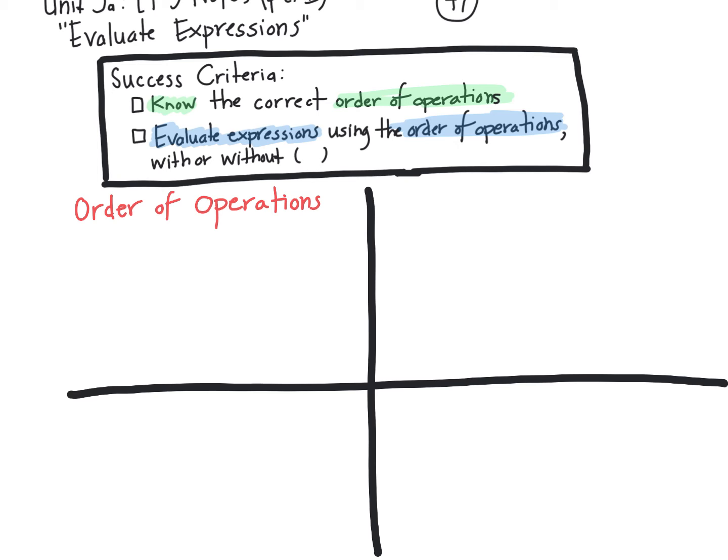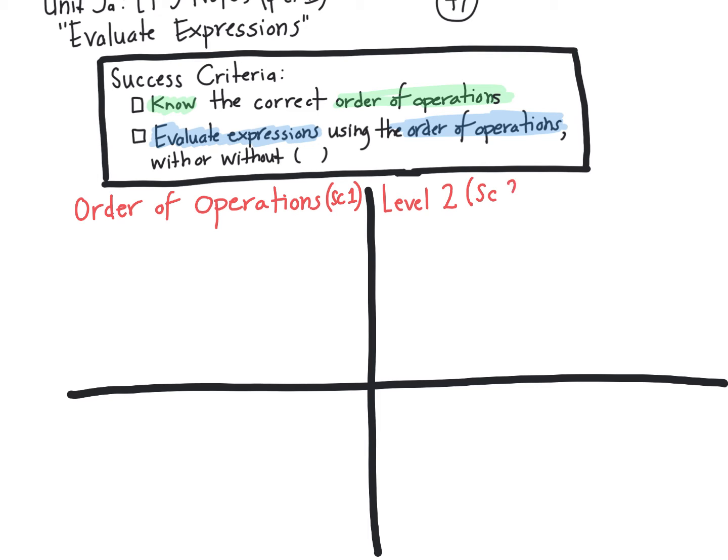All right, so I'm going to put success criteria 1. All right, that's our first one. Know the correct order of operations. So you're going to learn it right now. Okay, so success criteria number 1. And then you're going to put level 2, because I'm going to show you what our level 2 kind of problems look like. And that's going to be success criteria.